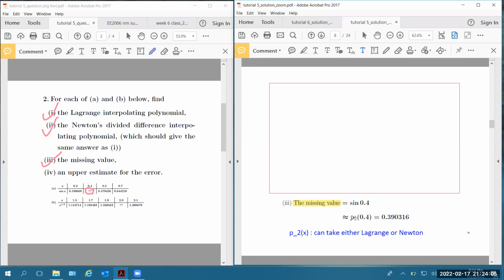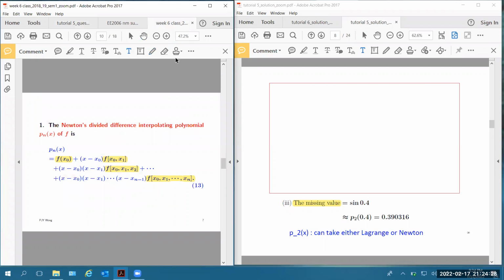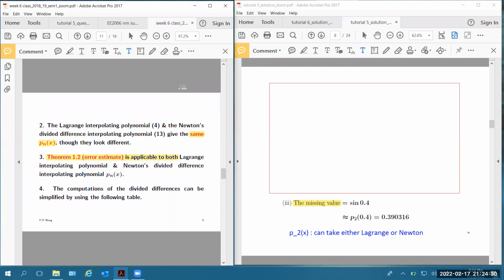Now of course, just now we calculated P2(x) using two different methods, Lagrange and Newton. So here, if you ask me which one to substitute, either one will do, because both of them are actually the same. It's mentioned here, that's our point 2.